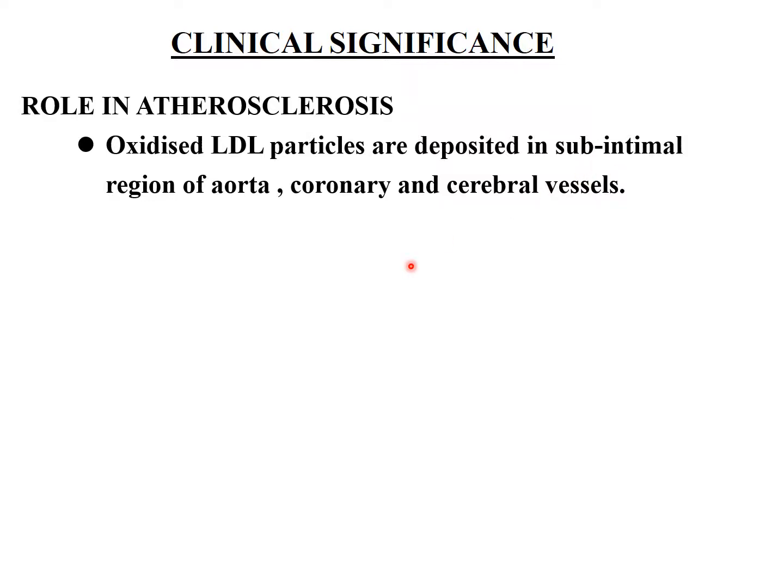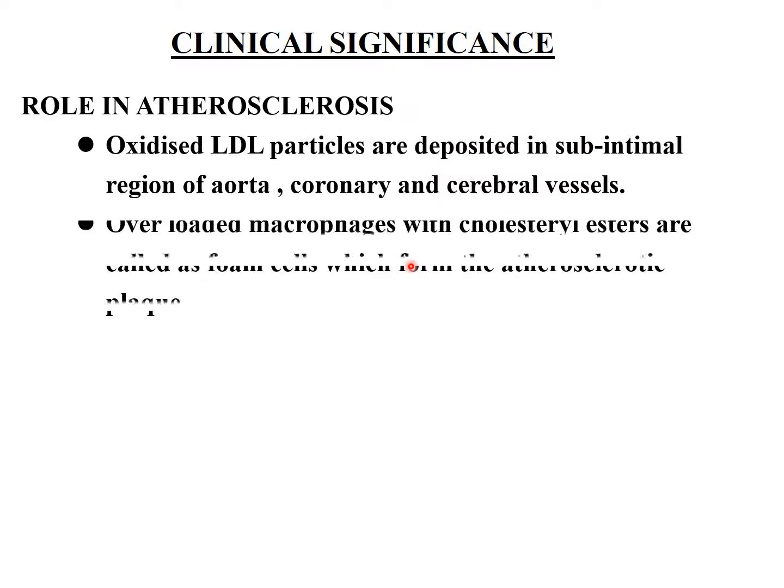Once they start accumulating over there, they are attacked by macrophages. So the macrophages come in, sensing that some kind of damage has happened, and they see this oxidized LDL and start gobbling it up. Once it gobbles up the oxidized LDL, the macrophage is converted into a foam cell, and this foam cell starts to increase in number and size, and once it increases to a larger extent, they start blocking the blood vessel, and that is when you say there is a formation of atherosclerotic plaque.